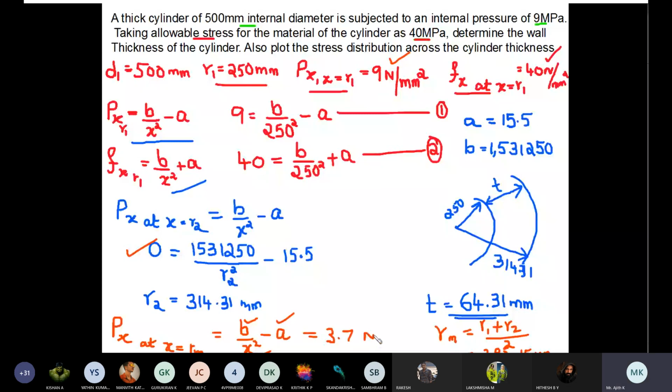Now one last step is pending. You have to calculate the Fx value at outer surface and middle surface. Fx value at x is equal to R2, also Fx value at x is equal to Rm.